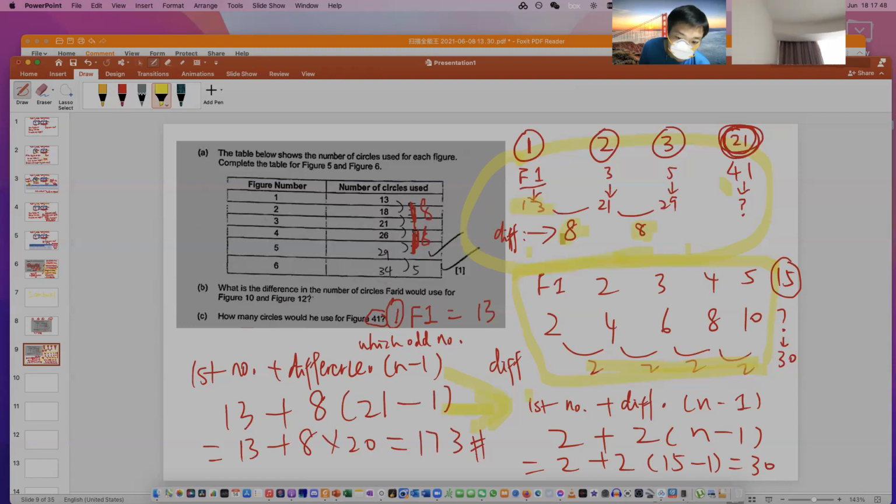That's why I make use of this same difference concept and this formula, then I can get the answer. You should make use of this instead of brute force. If they ask you for figure 1000 or figure 1001, you can't make use of brute force. It's going to take you a long time. So please take note of this question.